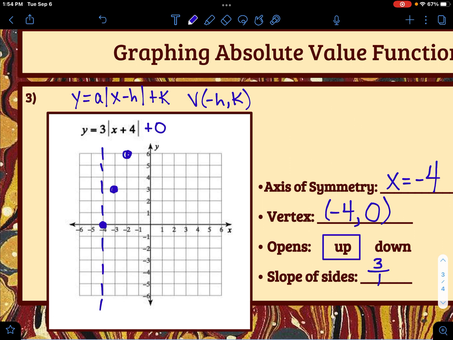And I'm going to reflect those points over the axis of symmetry. 1 hit the line, 1 on the other side. 1, 2 hit the line, 1, 2 on the other side. And then we draw the sides of our V. That 3 makes this one nice and skinny. All right, so there you go.